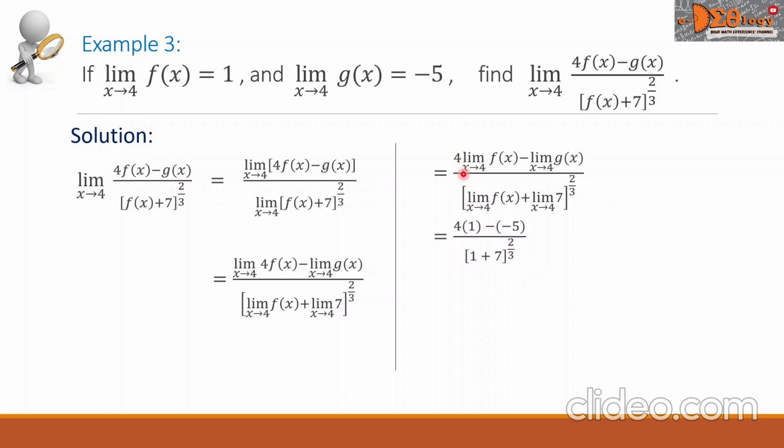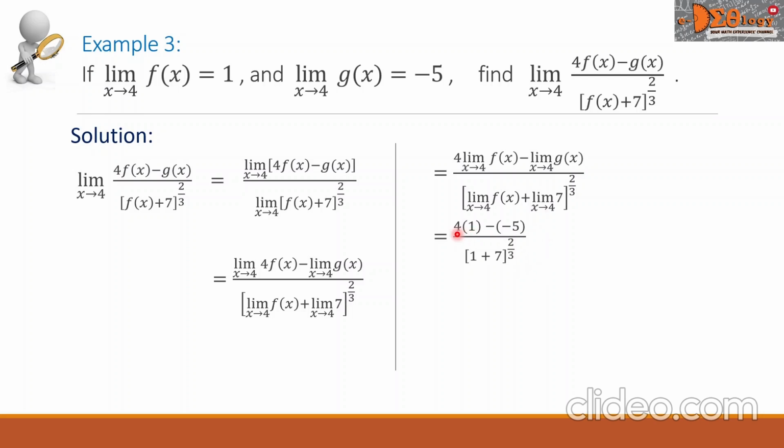So we have 4 times the limit of f of x, that is the value 1, we write here 1, minus the limit of g of x, the value is negative 5, all over the limit of f of x, again it is 1, plus the limit of the constant 7, which is the constant 7, all raised to the power 2 over 3.